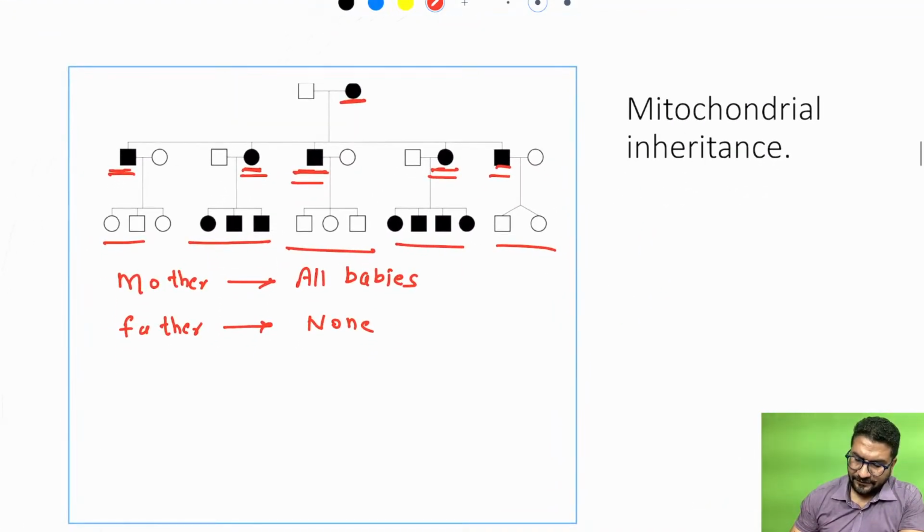So from mother it will affect all, from father none. We call this mitochondrial inheritance.